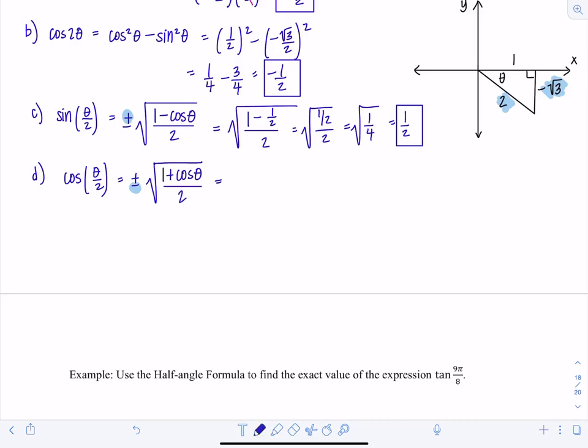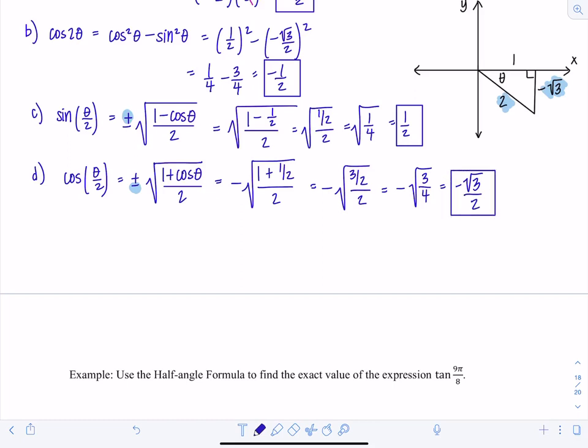Okay, so we're going to have negative radical 1 plus cosine theta, so 1 plus 1/2 over 2. So that's negative square root of 1 plus 1/2, that's 3/2 over 2. So that's negative rad 3 over 4, which is negative rad 3 over 2.